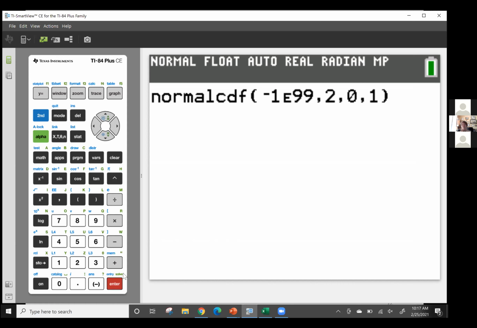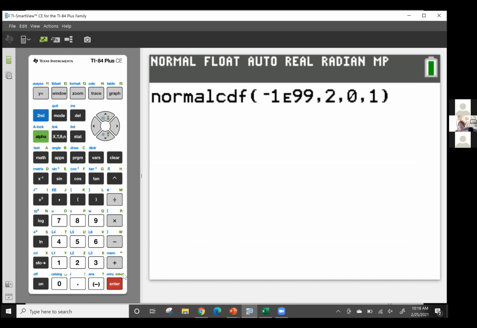That tells your calculator what area under the curve to find. I'm going to find the area from negative infinity to 2 with a mean of 0 and a standard deviation of 1. The first number is the left limit, the lower limit. The second number is the right limit, the upper limit. The third number is the mean of the distribution, and the fourth number is the standard deviation.